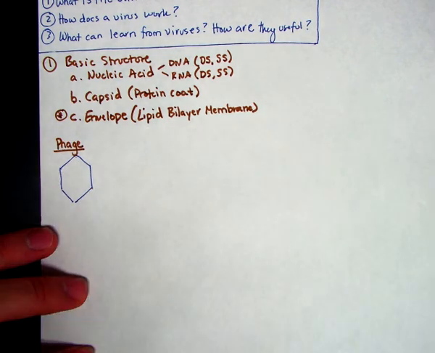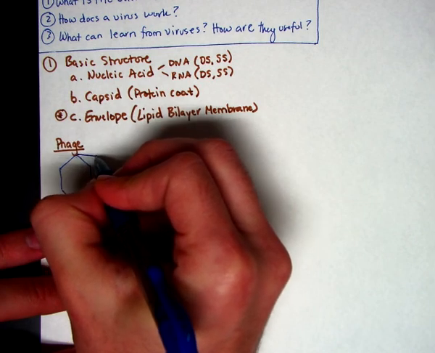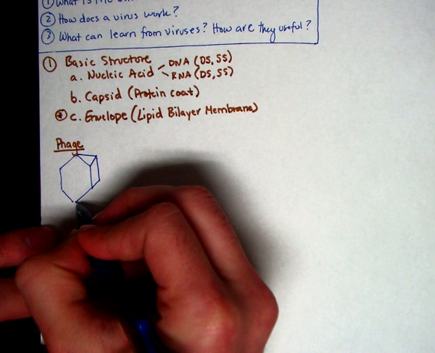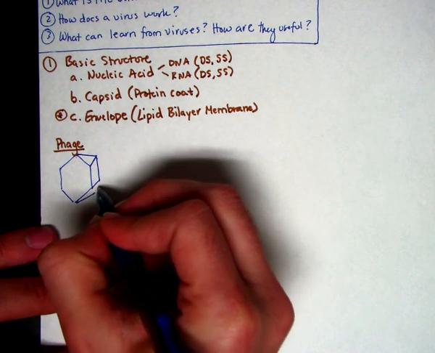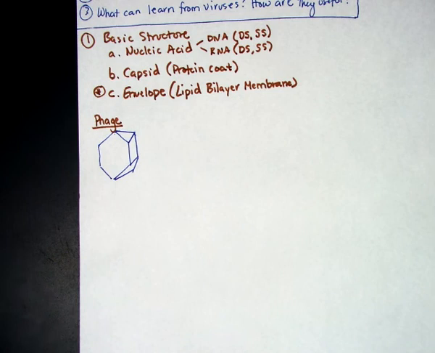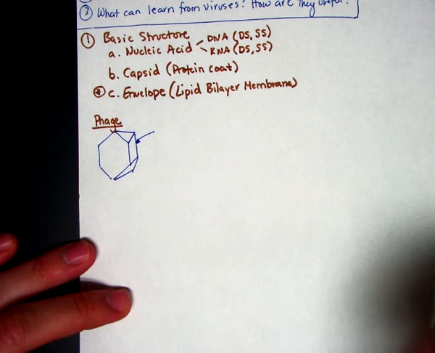So it has this 3-dimensional (3D is always really hard for me) 3-dimensional, there we go. I think it's a dodecahedron head. And this is the capsid.